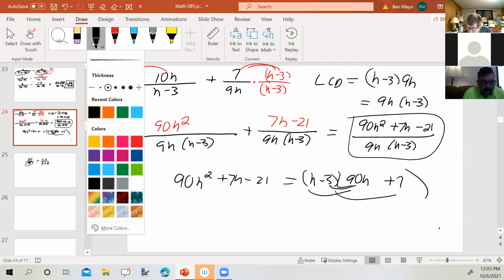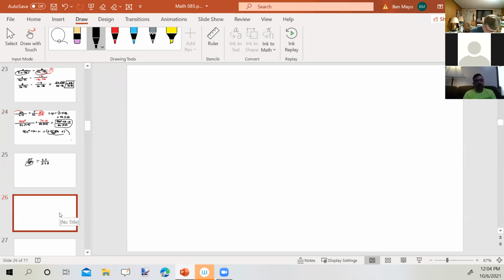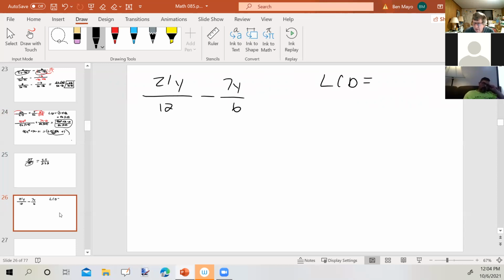Let's see here. How are we doing? Let's do this one. 21y divided by 12 minus 7y divided by 6. Can you see that the LCD is 12? You okay with that, or do you want me to go through the steps?